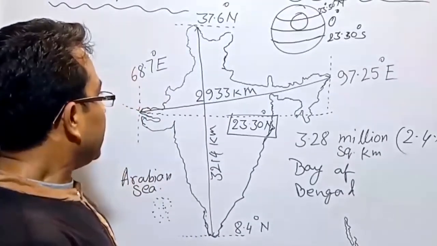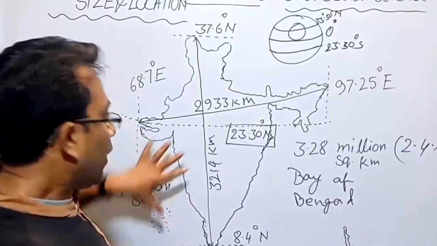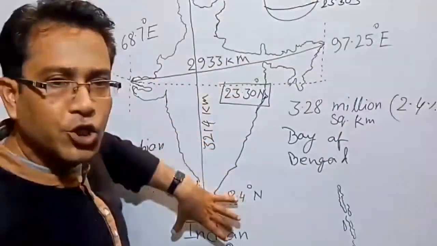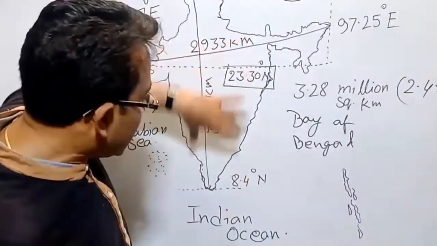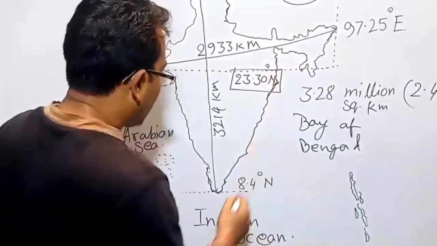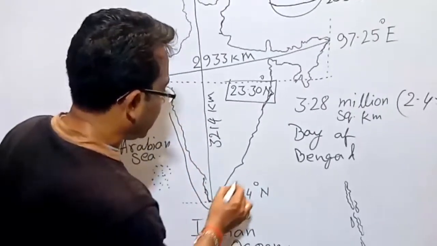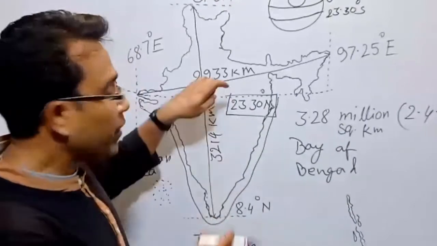And this country, as I started earlier, has a peninsular shape, which is a projection of triangular shape of land in the ocean, and more than 15,200 kilometer of coastline.